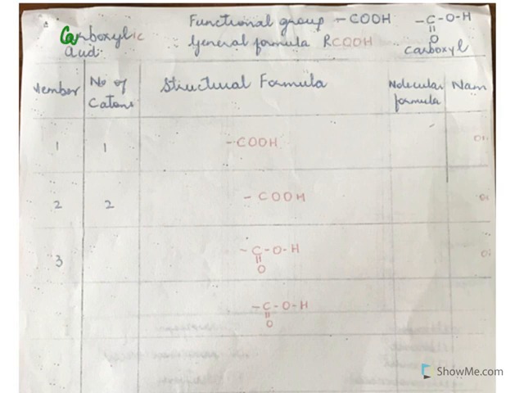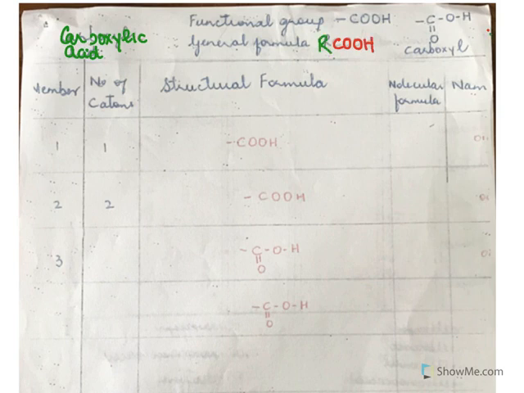The next group is carboxylic acids. And the functional group for carboxylic acids is COOH.